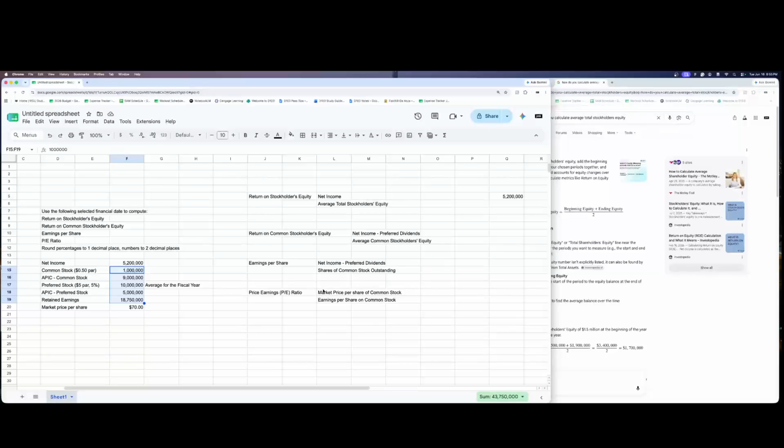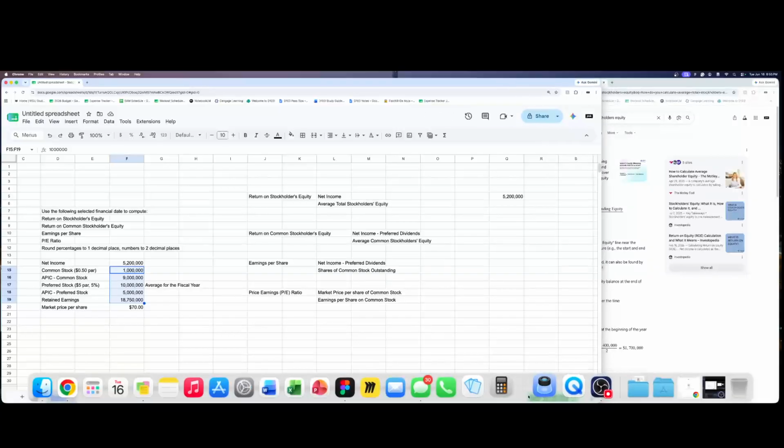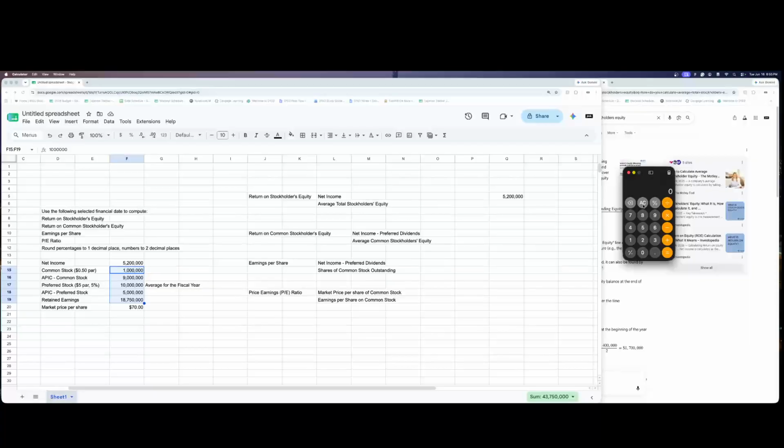Those are the total of all stockholders' equity, as in the common stock of the company, as well as the additional paid-in capital of the common when it was paid in, and the preferred stock, as well as the capital that was paid in on preferred stock, as well as retained earnings. So 43,750,000.